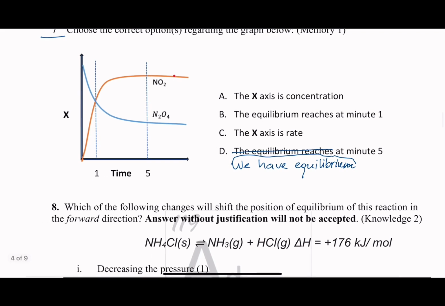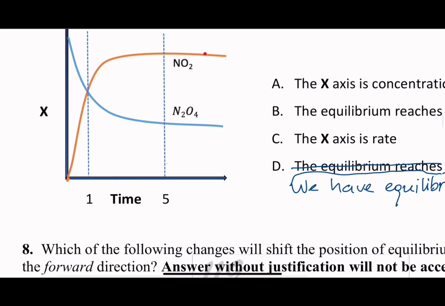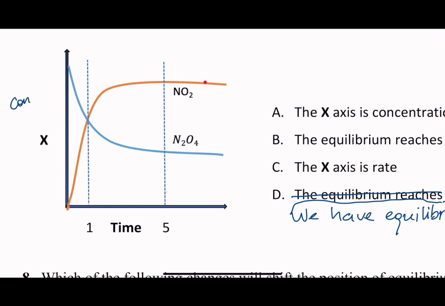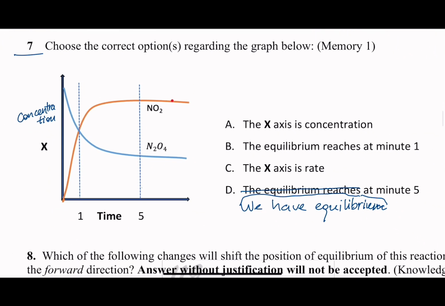So the graph in here, I have shown you in the class in our PowerPoint. This shows the concentration. So I want you to pay attention over here. This is the one about the brown and colorless gas that I discussed with you in the class.